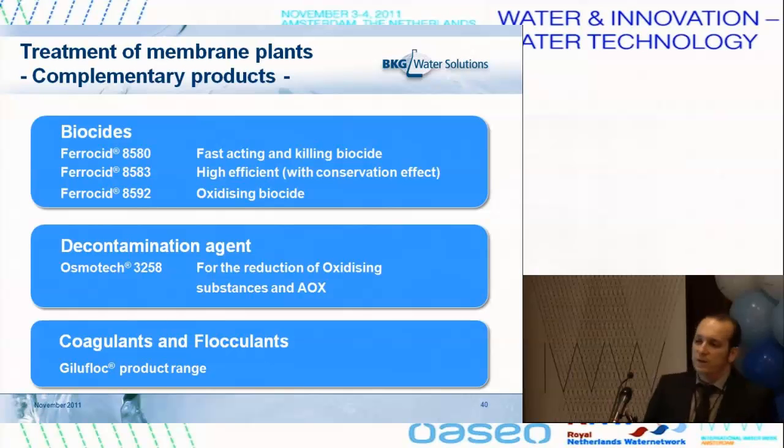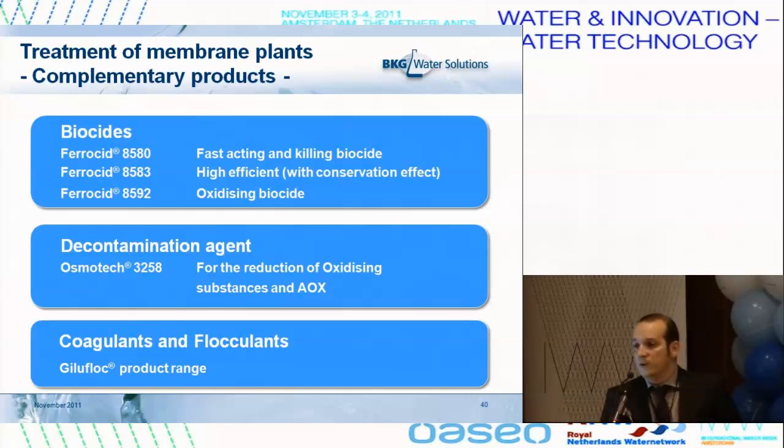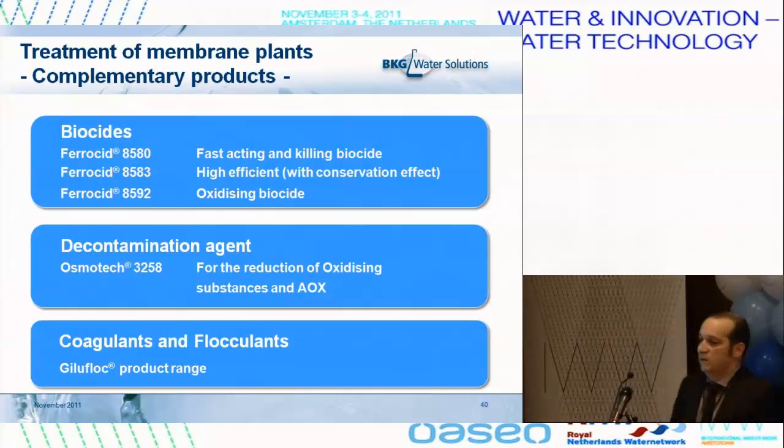We found out that it's better not to dose it continuously, just as shock treatment. Otherwise, you are building more nutrients by destroying long molecules of organic substances. Decontamination agents are normally based on sulfite for the reduction of the oxidizing biocides, so that you have no damage to the membrane itself. In the pre-treatment, our coagulants and flocculants range is called Gilufloc.